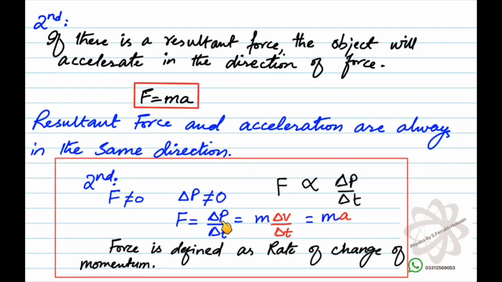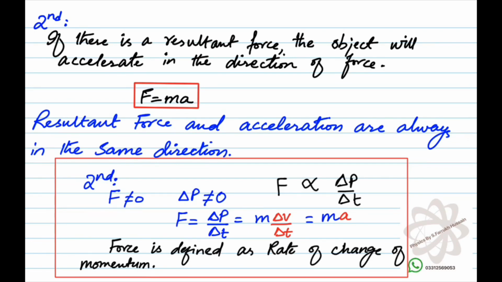So F = ΔP/Δt is equivalent to ma. So we can define force by Newton's second law of motion as the rate of change of momentum. This is the definition of force, and if the examiner asks for the statement of Newton's second law of motion, you will write: resultant force is directly proportional to the rate of change of momentum.